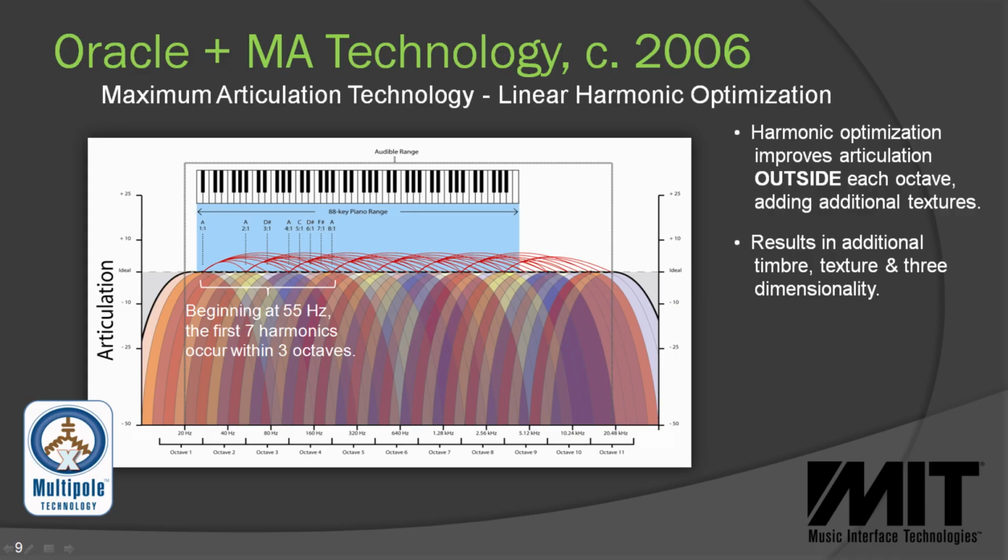Now, what did this do? This added more timbre to the musical playback. By timbre, I mean the different textures and the different tones because of those harmonics. And because it improved the timbre of the music, the sound became more lifelike. It became more three-dimensional.